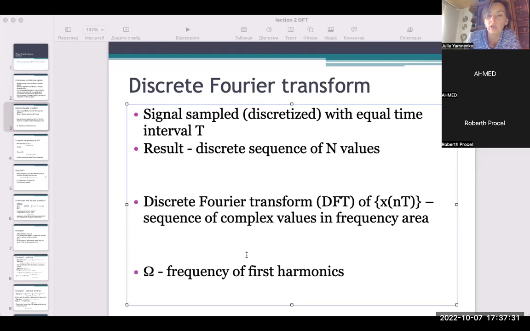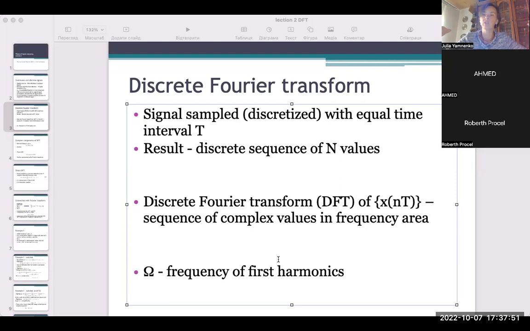F from j omega is a continuous Fourier spectrum, and X from k is a discrete Fourier spectrum. So the only thing that connects them is the multiplier t. T is the interval of discretization, the interval that we use in order to obtain discrete values from the continuous signal.